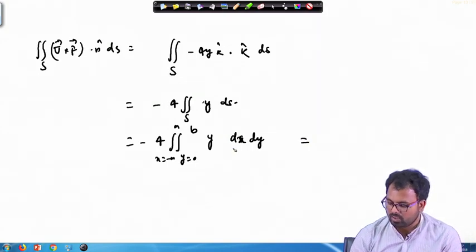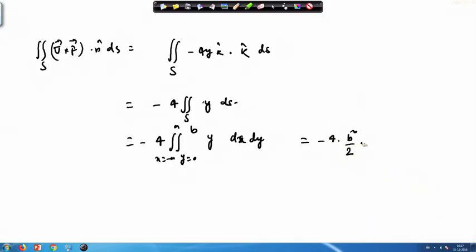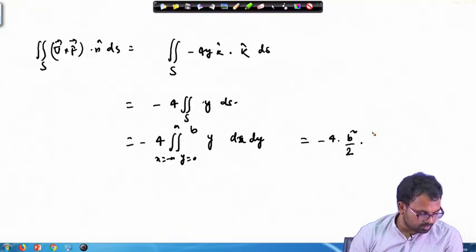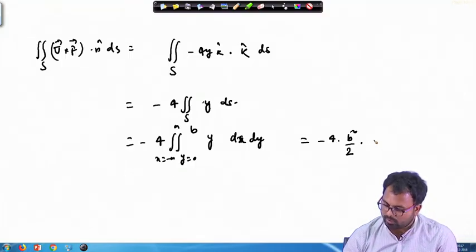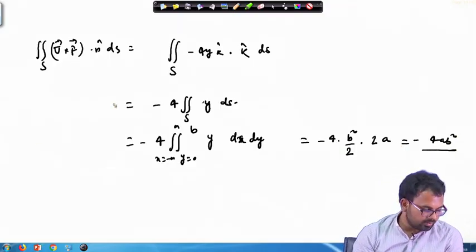So, this will be minus 4 times b square by 2, and then we integrate with respect to x, which gives 2a. That means we will have minus 4ab square. That is the value of the surface integral.